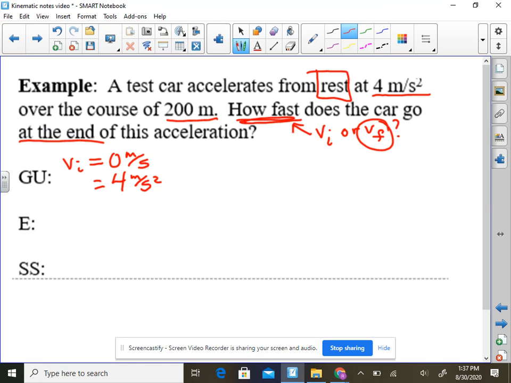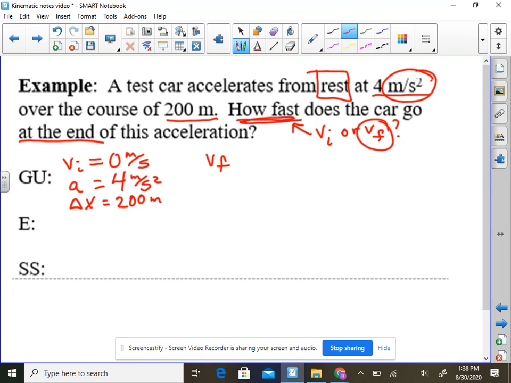Due to the wording, I'm not exactly sure what this is, but looking at the units, I have no doubt meters per second squared has to be an acceleration. And then 200 meters must be my displacement. And so my unknown, we said, was final velocity.